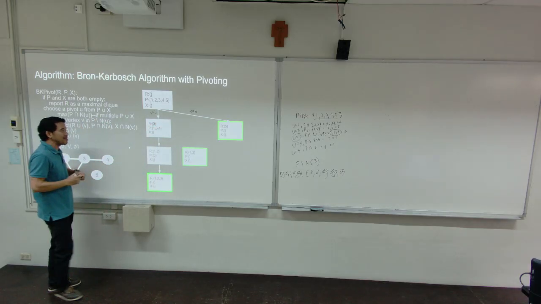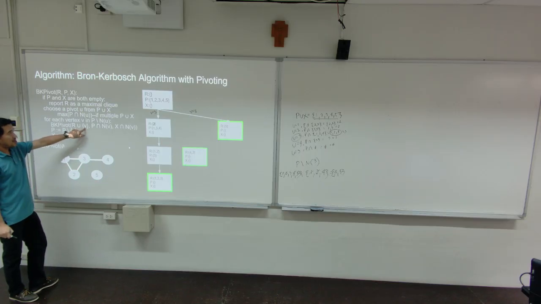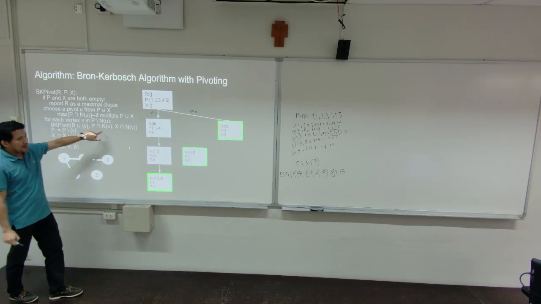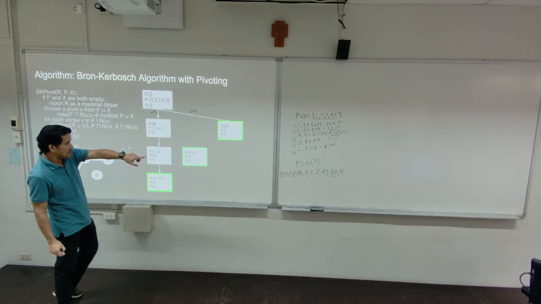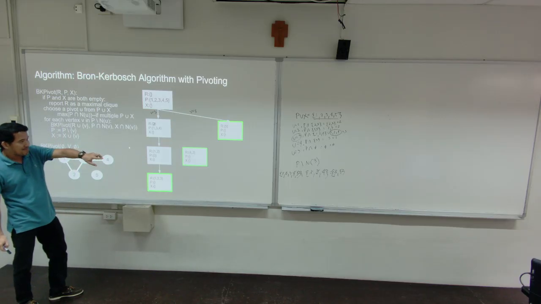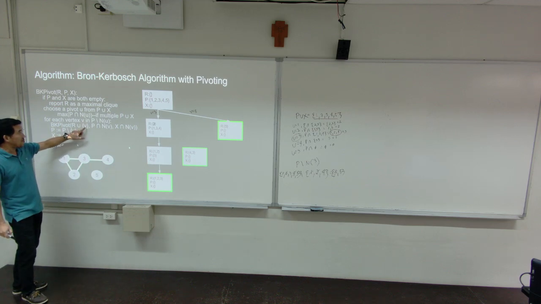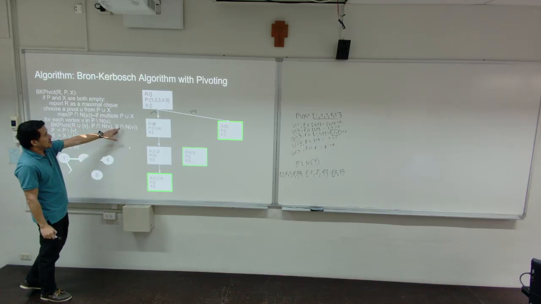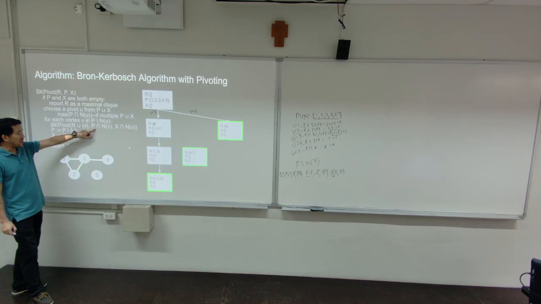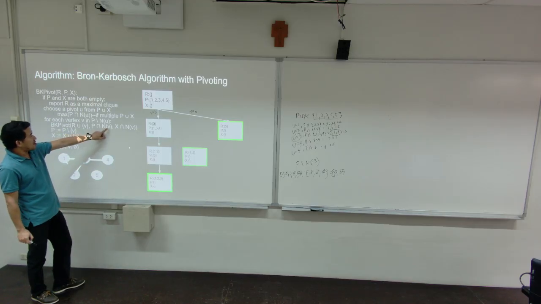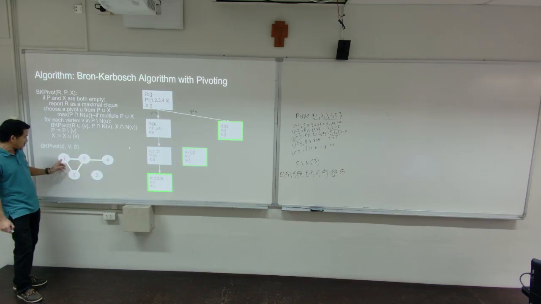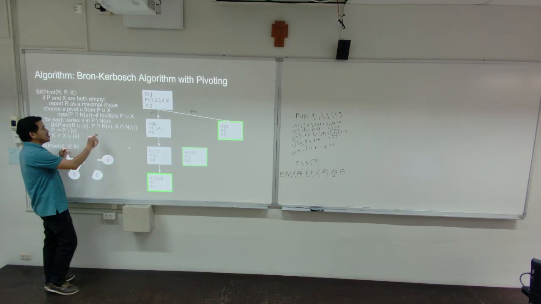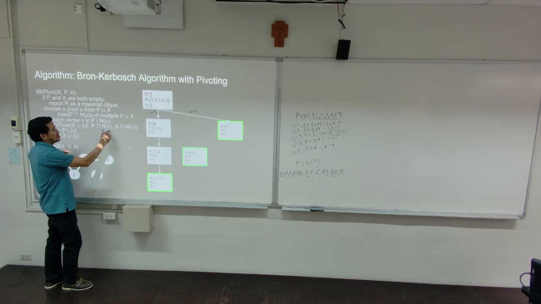So that is 3, the value of B, because we have 3 and 5, right? So the value of B combined with R, that's 3. Just a correction. Next, what's the value of P? What are the neighbors of 3? The neighbors of 3 are 1, 2, 4. So this is 1, 2, and 4.